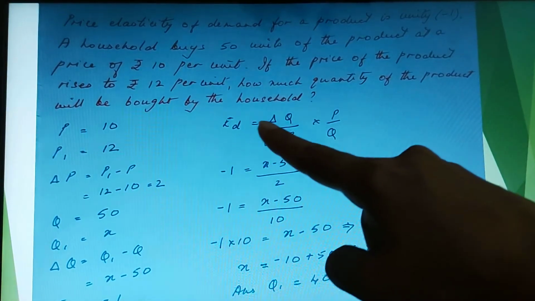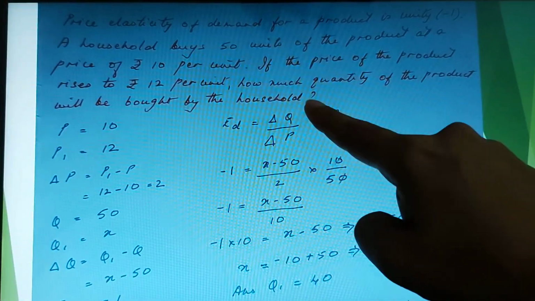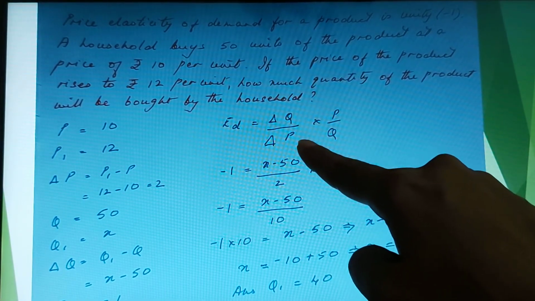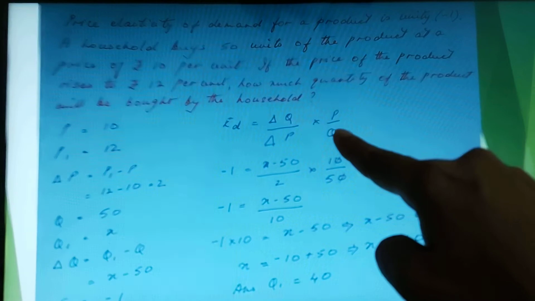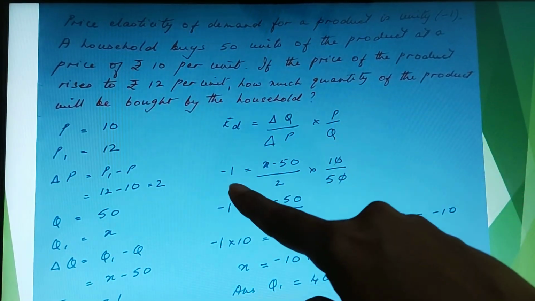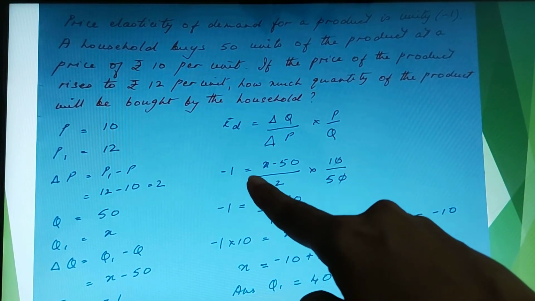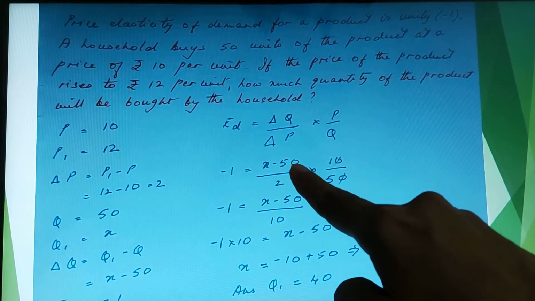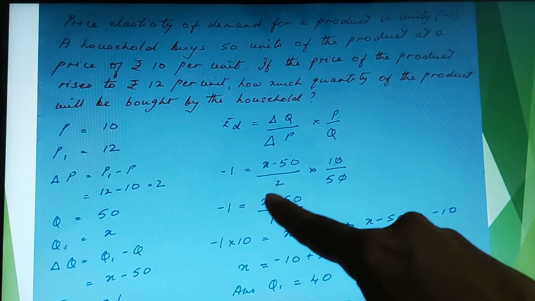Now again, write the formula first while solving anything. So ED is equal to delta Q upon delta P into P upon Q. So we have these values already. Minus 1 is equal to, what was delta Q? X minus 50, upon what was delta P?